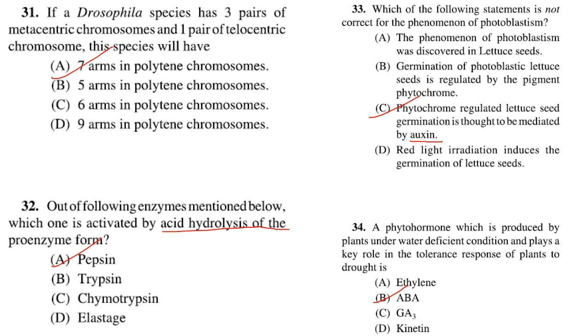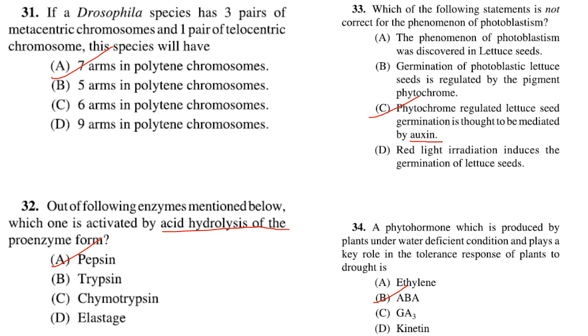In the case of a metacentric chromosome, the centromere is present in the middle of the chromosome and divides the chromosome into 2 equal arms. So 3 pairs means totally there will be 6. 3 into 2, 6 arms will be there. And 1 pair of telocentric means one arm only will be there. So totally 7 arms in the polytene chromosome. Answer is option A.